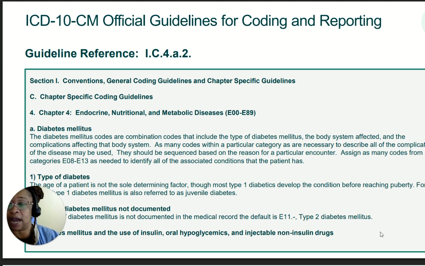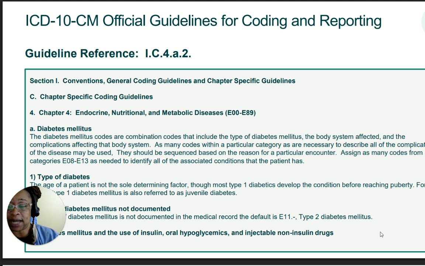Type 1 diabetes mellitus is also referred to as juvenile diabetes. Diabetes mellitus not documented. If the type is not documented in the medical record, always default, like I said, to E11, type 2 diabetes mellitus.